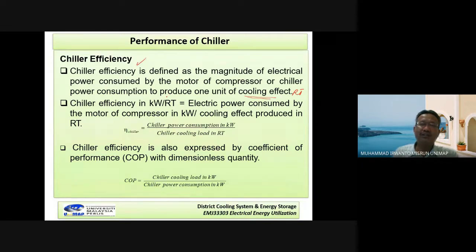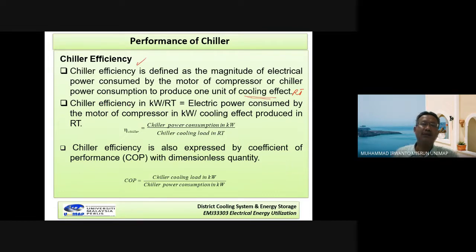We know that efficiency has no unit, but here it is kilowatt per RT, although the RT can be converted to kilowatt. So in this case we use this unit, kilowatt per RT, for this efficiency.